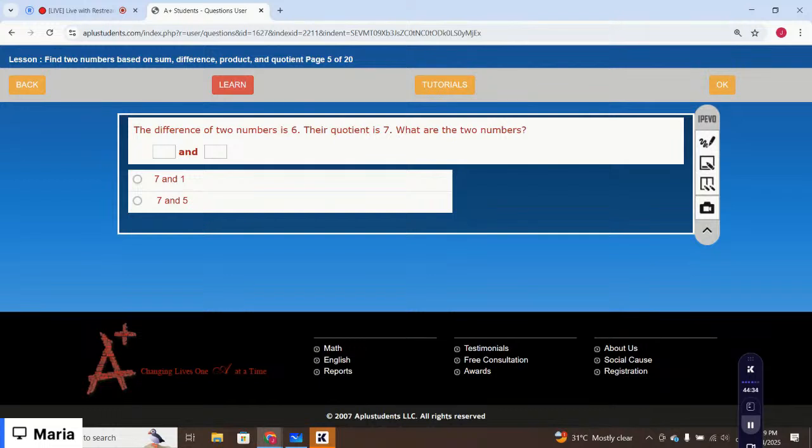The difference of two numbers is 6 and their quotient is 7. What are the two numbers?